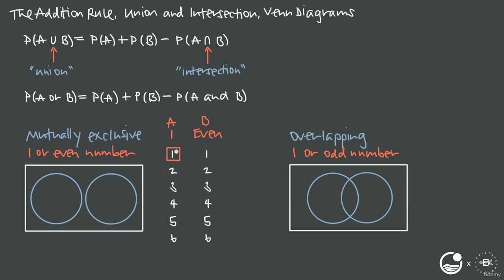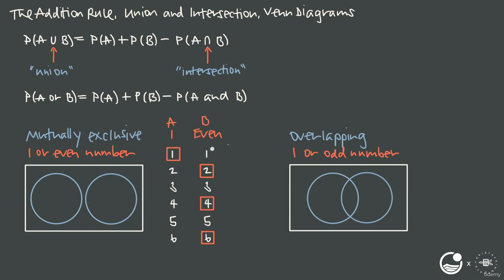Rolling a 1 is the only outcome that matches event A of getting a 1 when we roll the die. But if event B is getting an even roll on the die, that could happen when we roll a 2, when we roll a 4, or when we roll a 6. So we can satisfy event A by rolling a 1. We can satisfy event B by rolling a 2, a 4, or a 6.